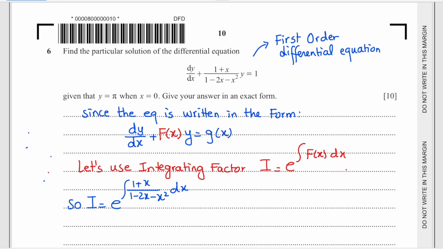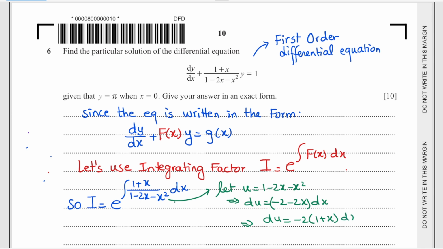To solve this integral, we use substitution. Let u equal 1 - 2x - x², and this is our denominator. The derivative: du equals (-2 - 2x) dx. If you look at the numerator, I have 1 + x and I have dx.